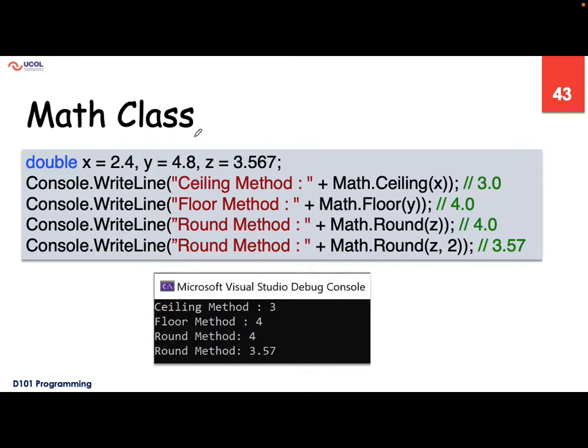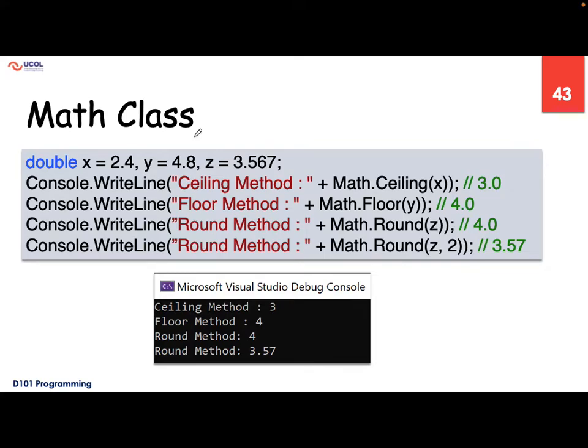Floor again takes a double value and gives you the complete number which is less than or equal to that input value. 2.999999 is very near to 3, but when you say floor, it becomes 2. 4.8 becomes 4. 4.8 is actually nearer to 5, and if we round it, it will become 5, but when we apply the floor, it comes down.